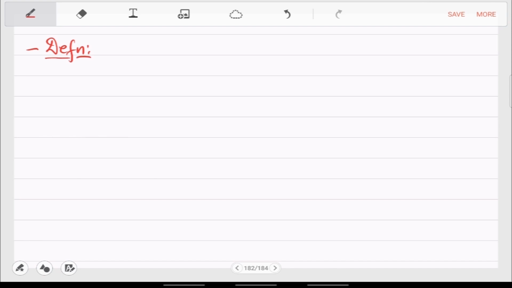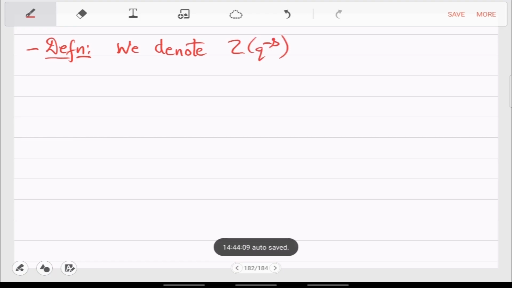Okay, so with this proposition, let us define one more notation. We denote Z of q raised to minus s as the actual zeta.